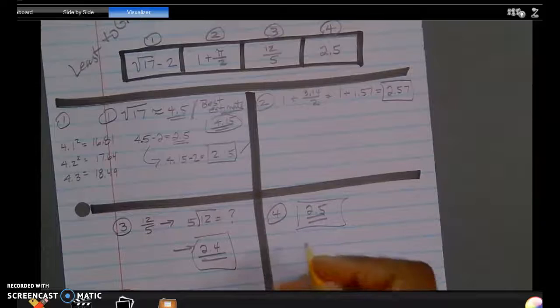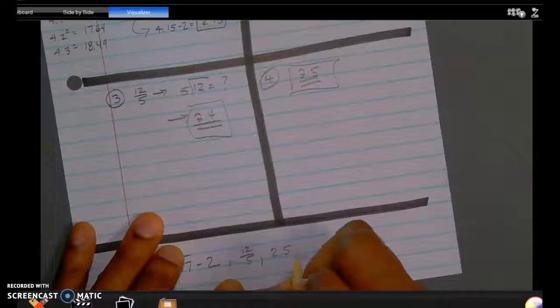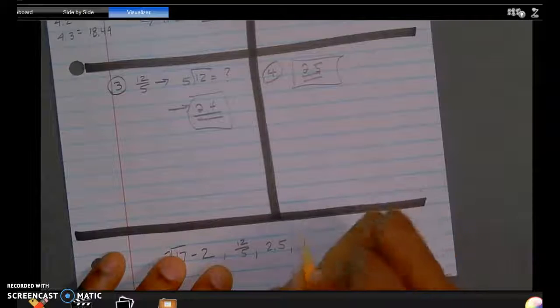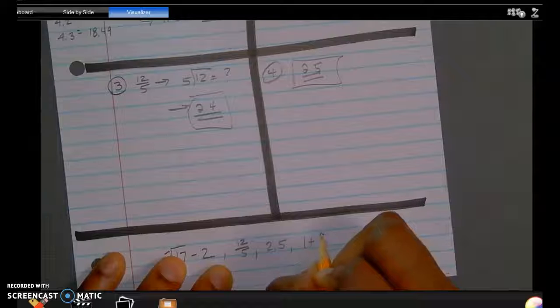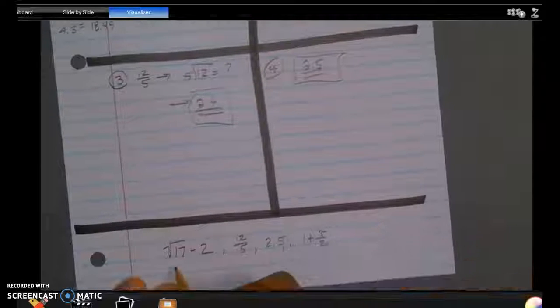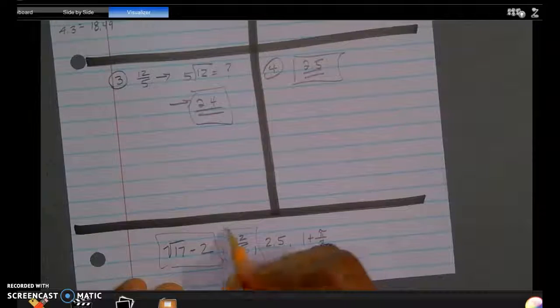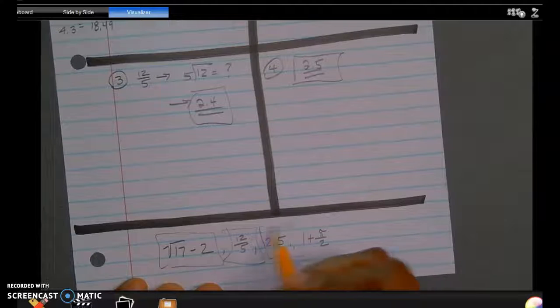We know that that definite value of 2.5 is going to come next, so 2.5 is next. And then lastly, what is next? It's going to be number 2 at 1 plus pi over 2. Okay? So it is just that simple for us to figure it out.